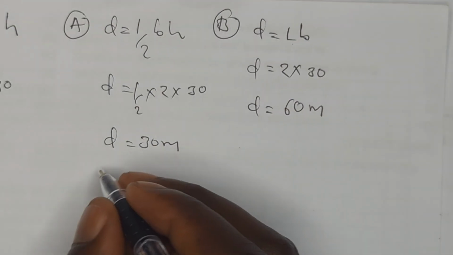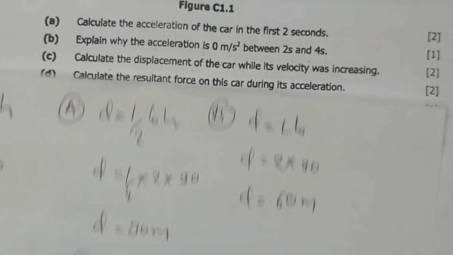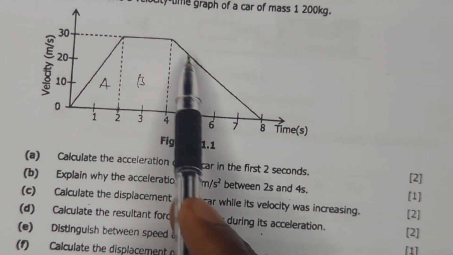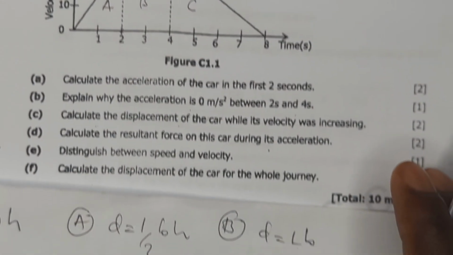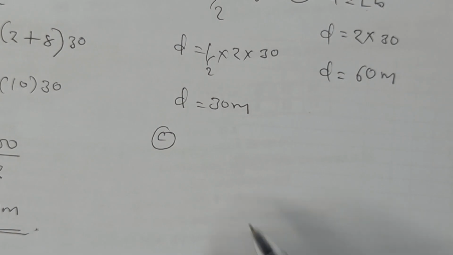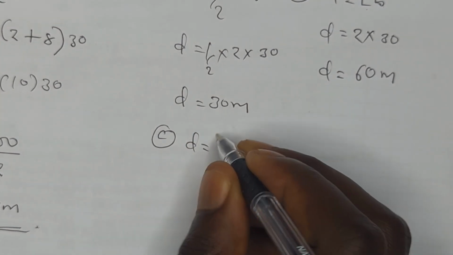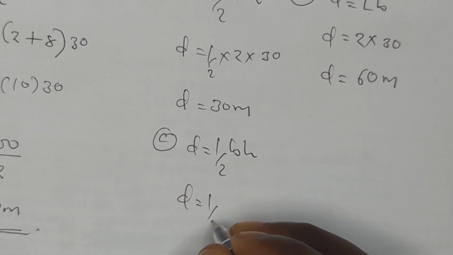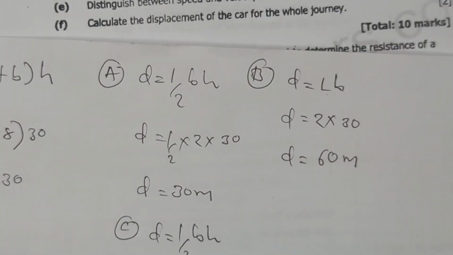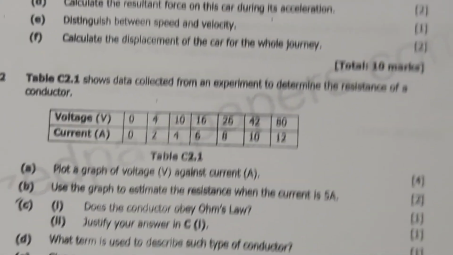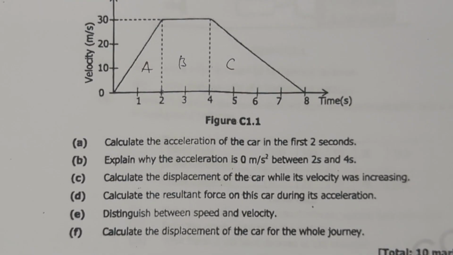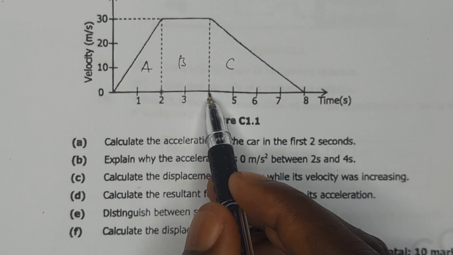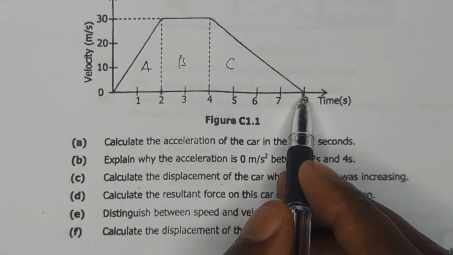Now for part C, if we check this shape, this is a triangle. So the formula, distance is equal to half BH. Our B is the base. So if we check here, the base, the distance from this point to that point. So here we have a 4 and there we have an 8.